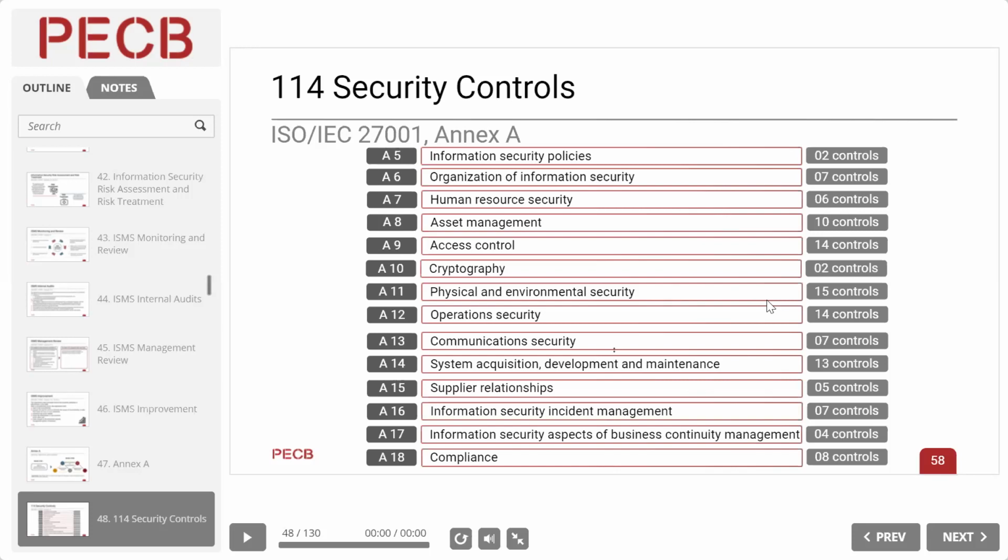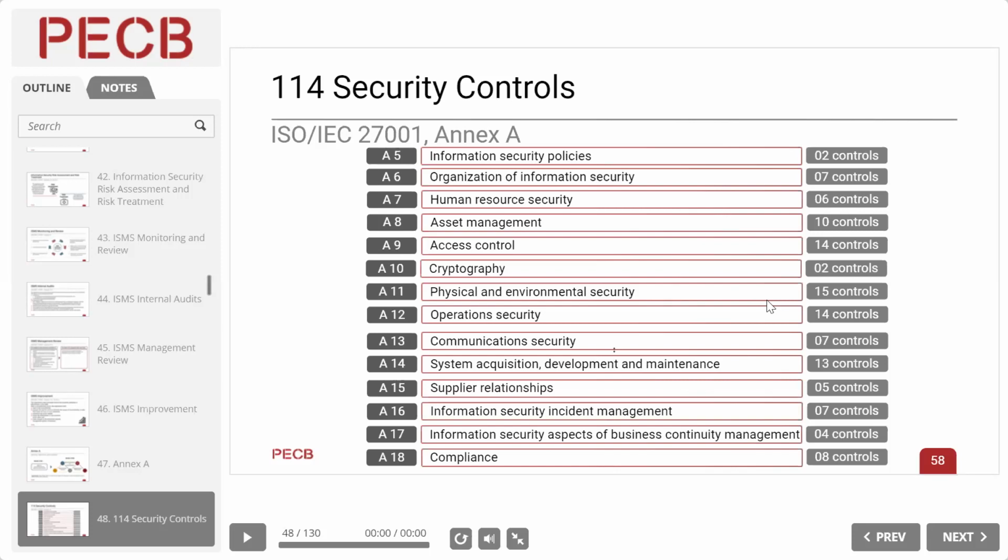Human resource security is the controls that we need to manage the people. Things like background screening, background checks is embedded in human resource security. Then the next domain is asset management. How do we manage our information assets? We need to inventory them, give them owners, identify them, and things like that.